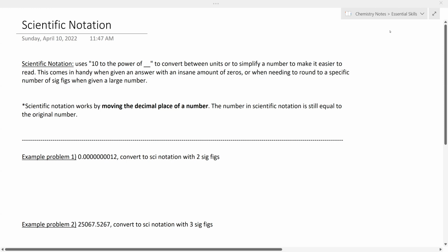So with using that number, you'll notice that this is similar to what we do for conversions among SI units. And that's because it does the same thing. Converting between SI units, say milliliters to liters, it's not changing the actual value of the unit.